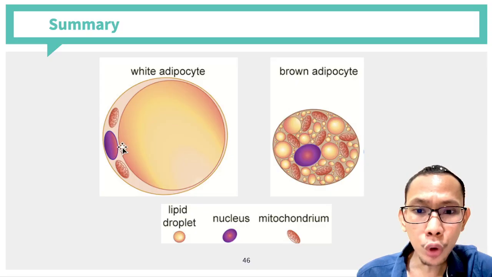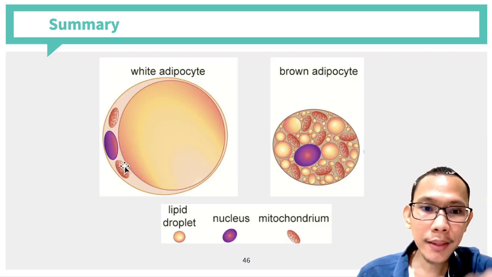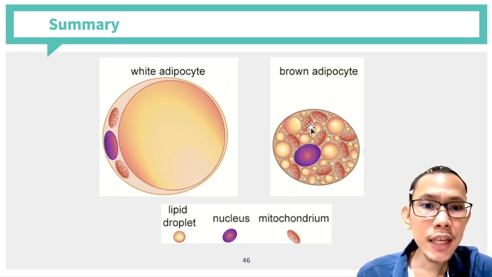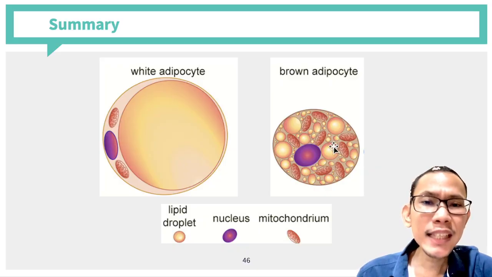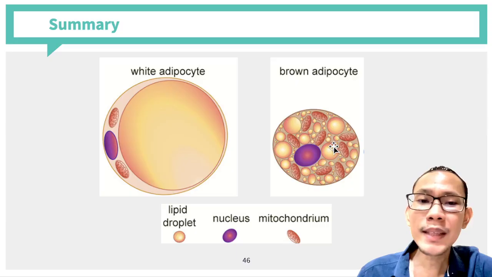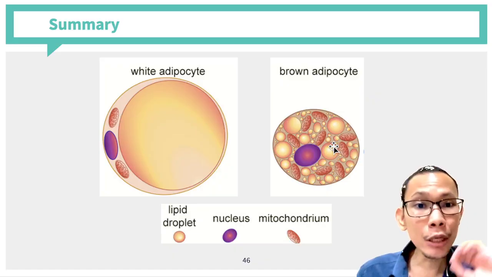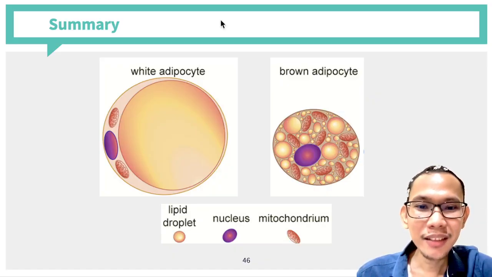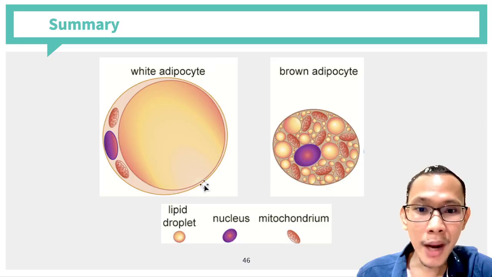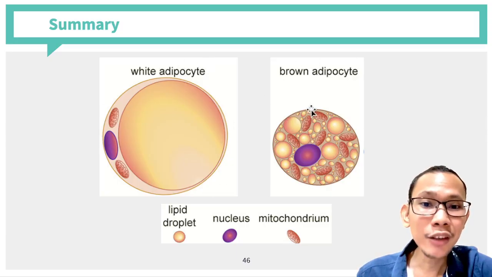Now, you can have mitochondria in your white adipocyte, but take note, it is numerous in your brown adipocyte. And since there are more, they have more cytochrome pigment, which makes it appear brown. So again, that's the difference between white adipocyte and brown adipocyte.